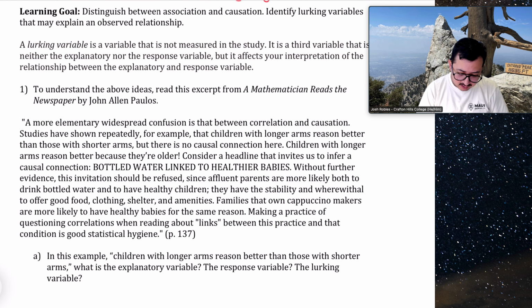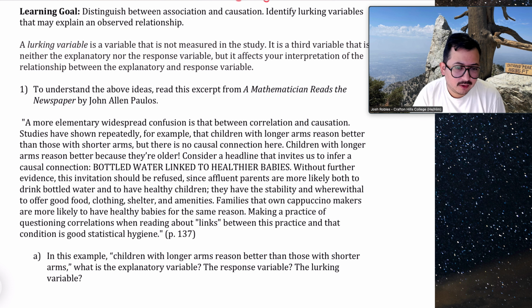Okay, so if you want to read through this here, well, I'll try and read it pretty quickly. So a more elementary, widespread confusion is that between correlation and causation. Our topic right now. Studies have shown repeatedly, for example, that children with longer arms reason better than those with shorter arms, but there is no causal connection here. Just to pause, that is true. If you conduct a study to figure that out, you'll see that's true.